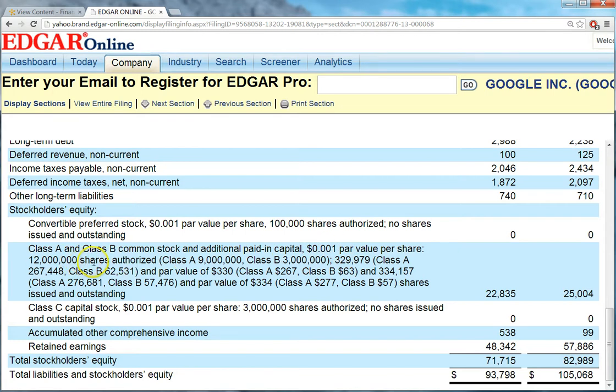And let's see here. They are authorized to issue 12 million shares of stock. Class A stock, they're authorized 9 million shares. Class B stock is 3 million shares. And then we're told how many shares are issued.